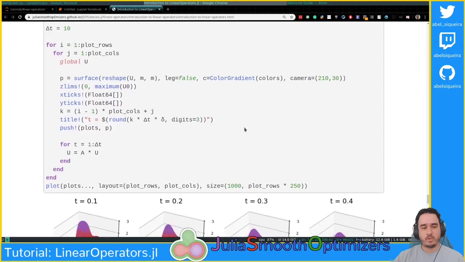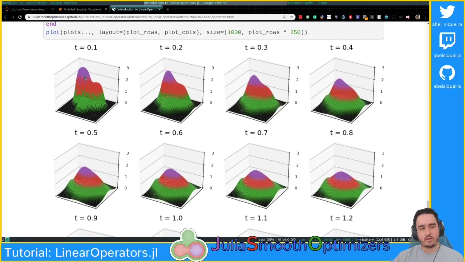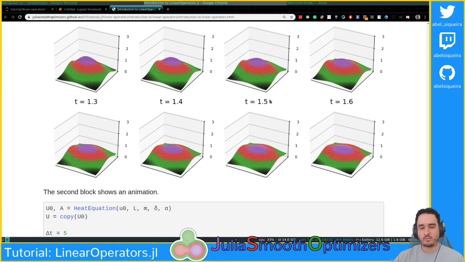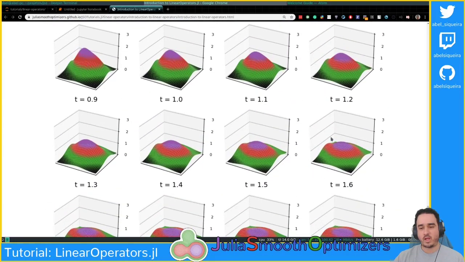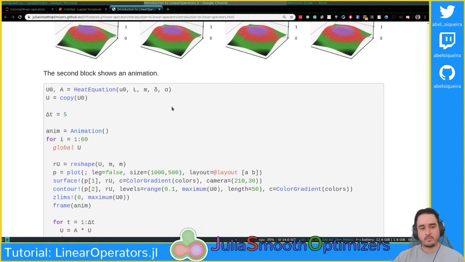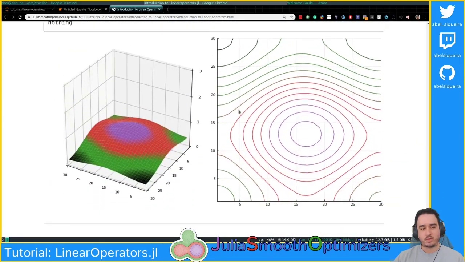And I compute this at different time steps. So with time equals 0, 1, 0, 2, and so forth. You can see that the initial heat is spreading. It's decreasing at the maximum values and increasing at the lowest values, of course. It has no heat exchange, so all the heat is contained. And here I have an animation of that happening.